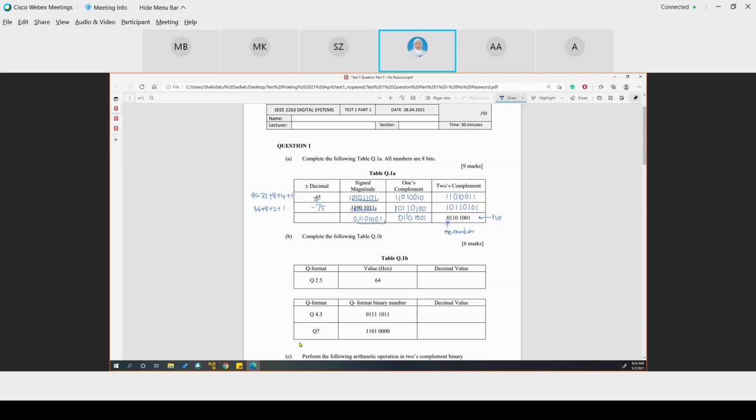So this one is 64 plus 32 plus 8 plus 1. So it's 105.